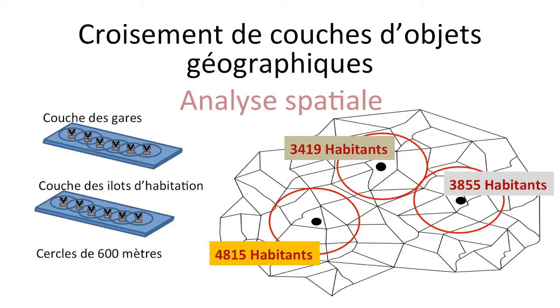So that layer of clusters is set in geometrical consistency with that of the stations. Another layer will be applied, an interrogation layer, corresponding to our circles of 600 meters in diameter around the stations, and so we will be able to start a calculation with the geographical information system by saying, how many people live less than 600 meters from each of those stations.